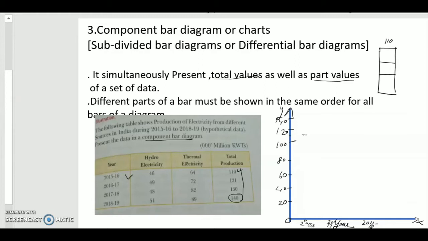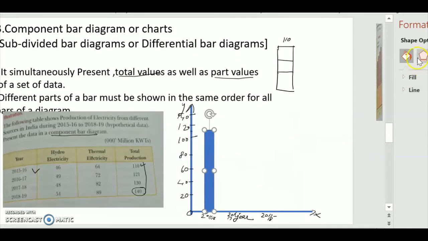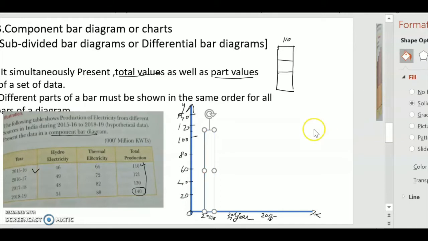I am inserting one rectangular bar here and changing the color, then only you will understand the component bar diagram.